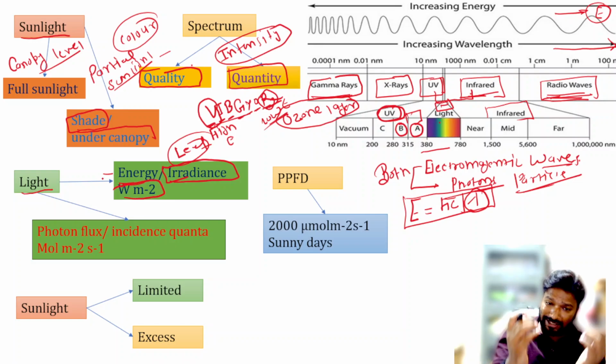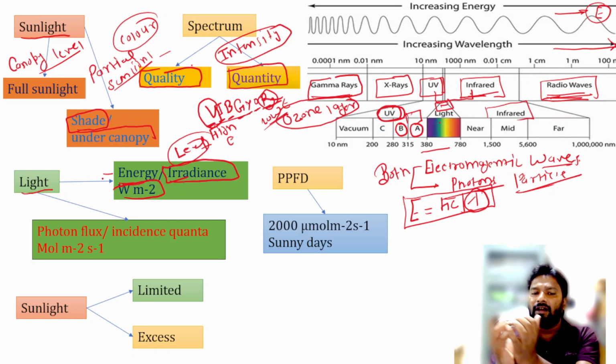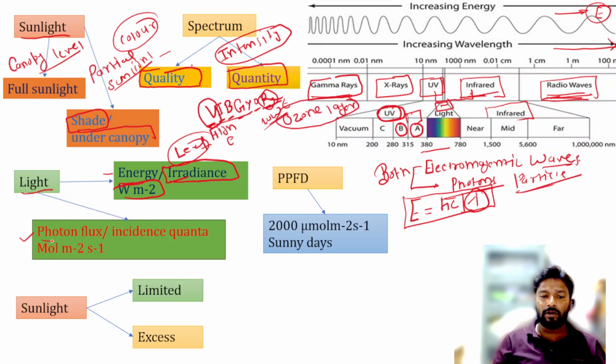means how much energy is coming through the light. Then the second point is the photon flux, means per second how many moles of quanta or photons are coming to the leaf surface. So these are also two points. This photon flux is also known as photosynthetic photon flux density.